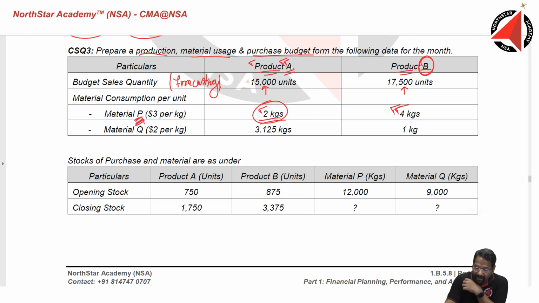Similarly, to make 1 unit of A, the company needs raw material Q, 3.125 kg. To make 1 unit of B, the company needs P also, and Q also.